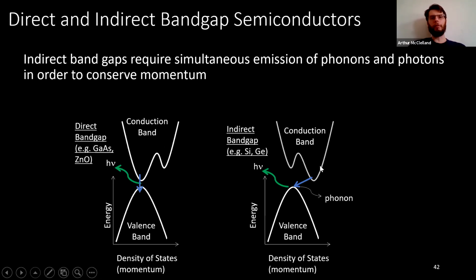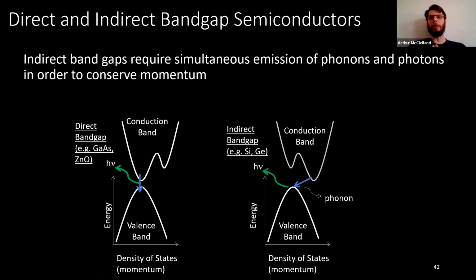Silicon, as I pointed out, is indirect bandgap. So the lowest point of the conduction band is offset in momentum space from the highest point of the valence band. So to get a photon coming out, we also need to couple into a phonon at the same time to preserve momentum. So we need to preserve energy and preserve momentum. Because you have to have multiple things coupling in at the same time, this is a much less probable event to occur.